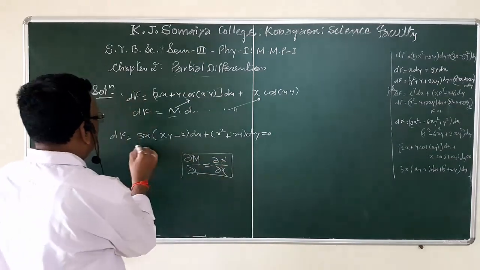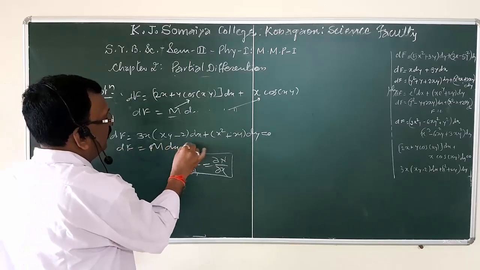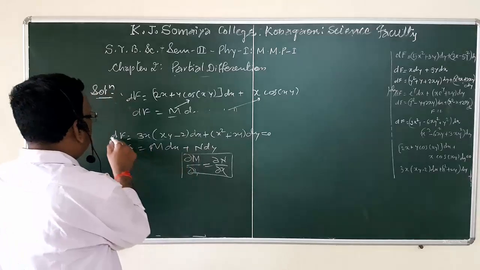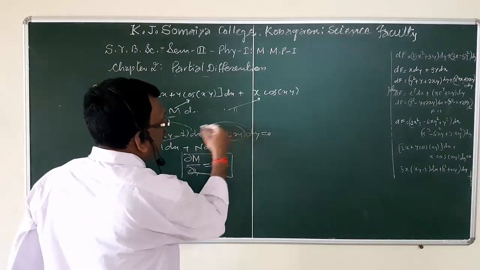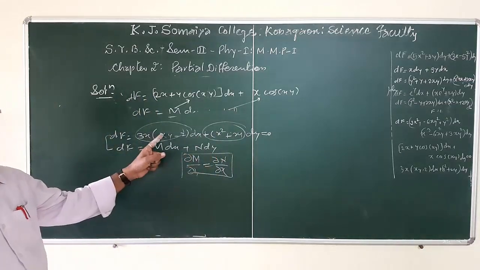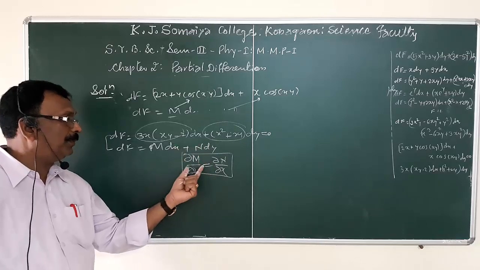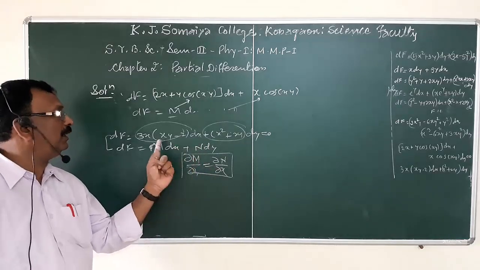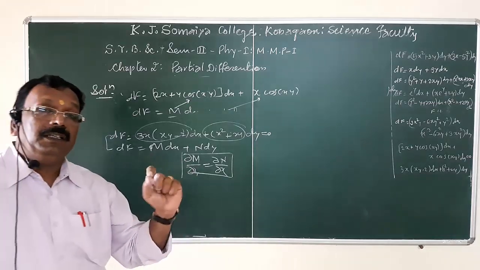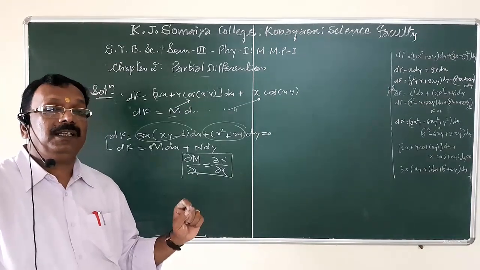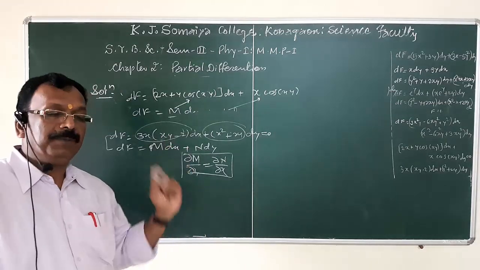For this purpose, you have to compare this equation with the standard format of exact differential equation, that is m dx plus n dy. Compare these two equations, the value of m is this and the value of n is this. Then differentiate m with respect to y and differentiate n with respect to x. When these two differentiations show the same result, obviously the given differential equation satisfies the essential condition for an exact differential equation, and the given differential equation is an exact differential equation.